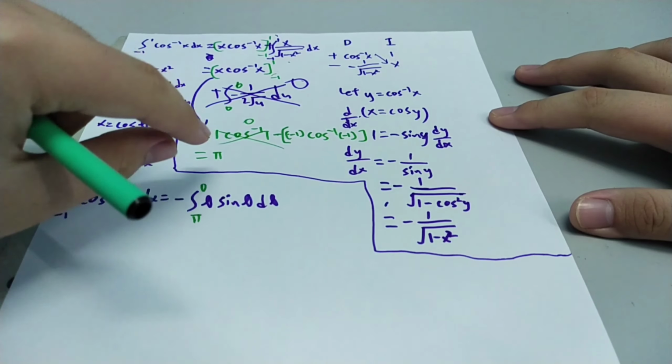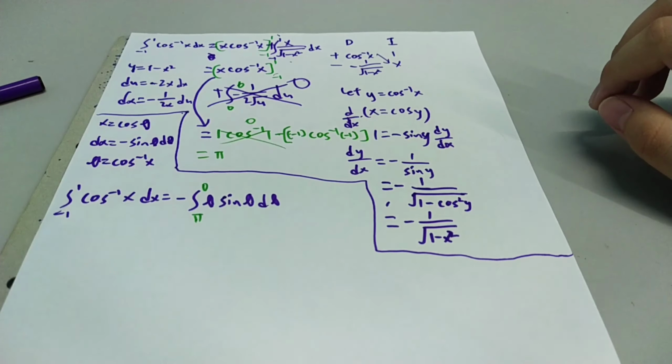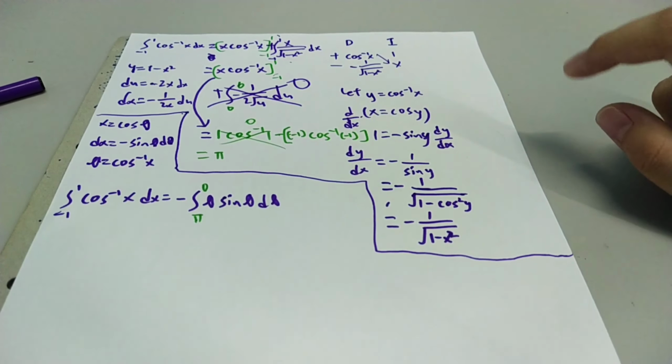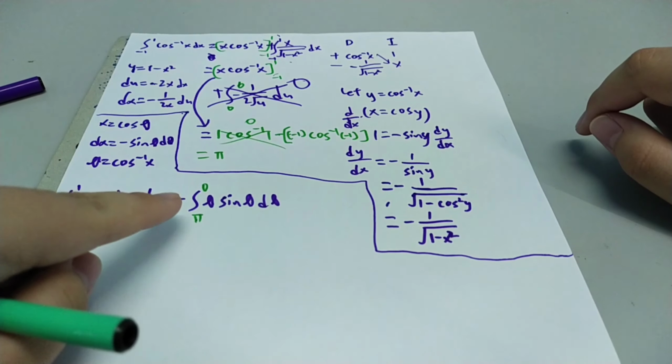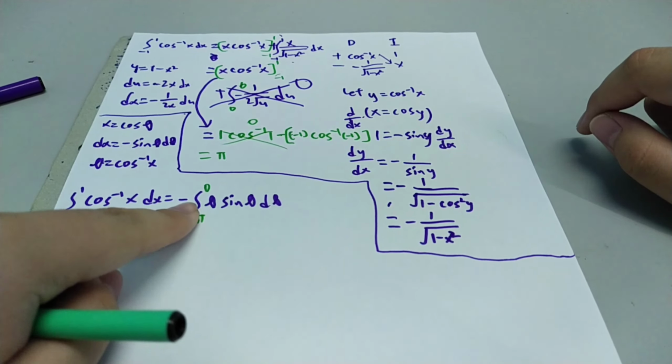So now, since we got a negative, because this is a definite integral, we can switch the lower limit and the upper limit, and in exchange we have to sacrifice the negative sign.